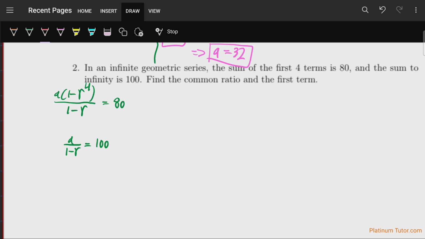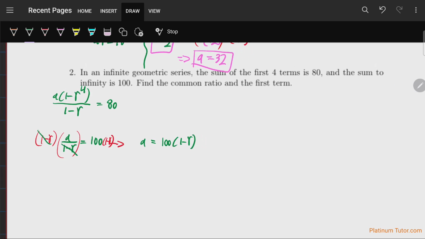We'll use substitution again. I'll solve for a in the bottom equation. And the way we can do that is by multiplying by 1 minus r on both sides. So we get a, right? 1 minus r cancels out on top and bottom. We get a is equal to 100 times 1 minus r.